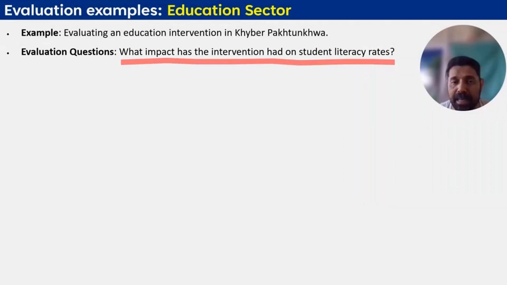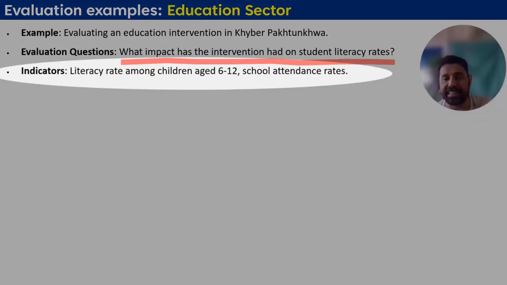The project is based on an education intervention increasing literacy rates. So your key question for evaluation would be, what impact has the intervention had on students' literacy rate? Indicator. Your key indicators would be literacy rate among children aged 6 to 12 and school attendance rates. These will be key indicators that you will collect data for.